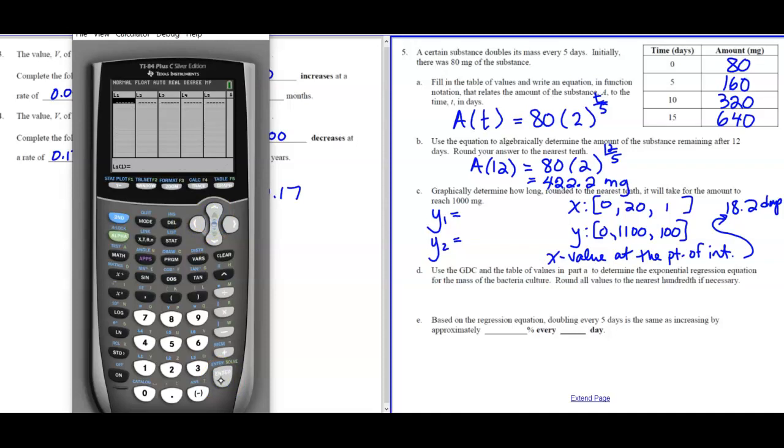Then enter your two lists. So 0, 5, 10, 15. And then 80, 160, 320, 640. Not too many values, so pretty easy to enter.